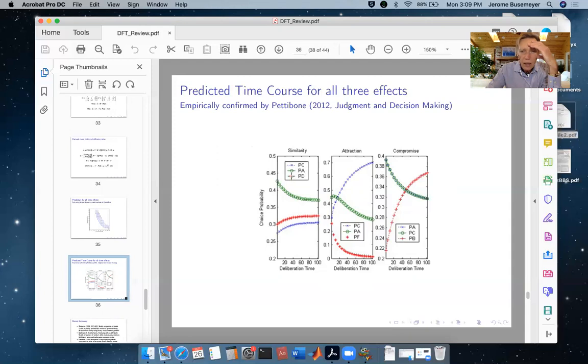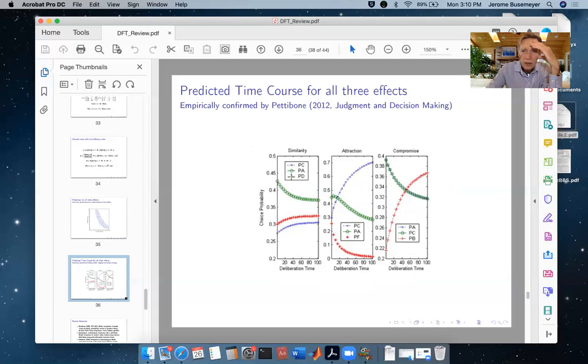But now, in the similarity effect, what we're finding is that the red option is similar to the blue option, and the green option is much different. They're all equal in the binary choice.